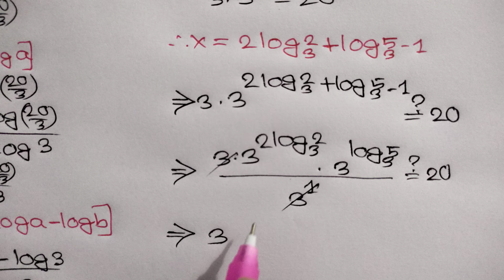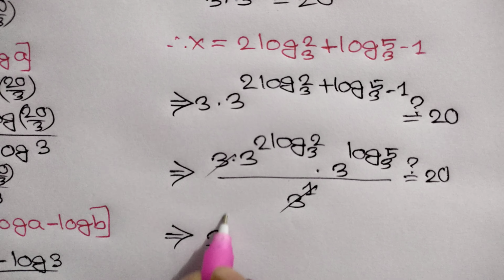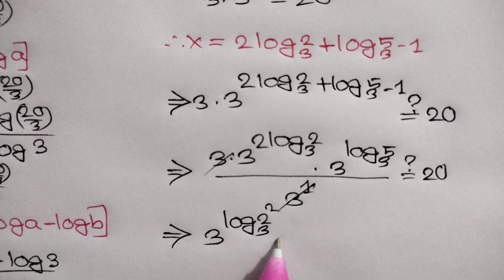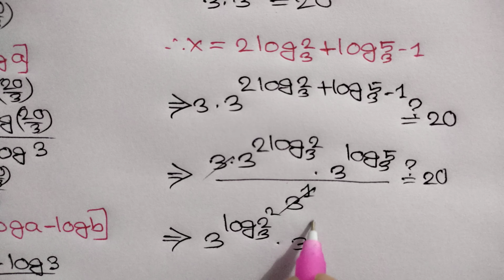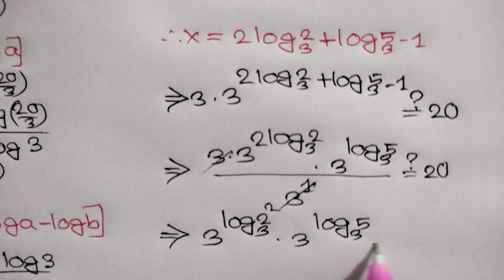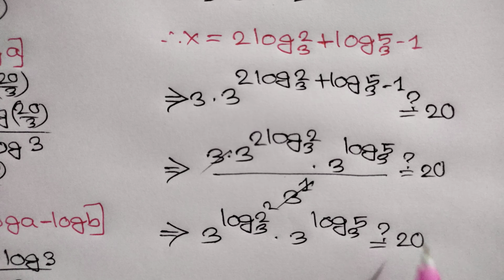Now here we can write 3 to the power log of 2 square base 3 times 3 to the power log of 5 base 3 is it equal to 20?